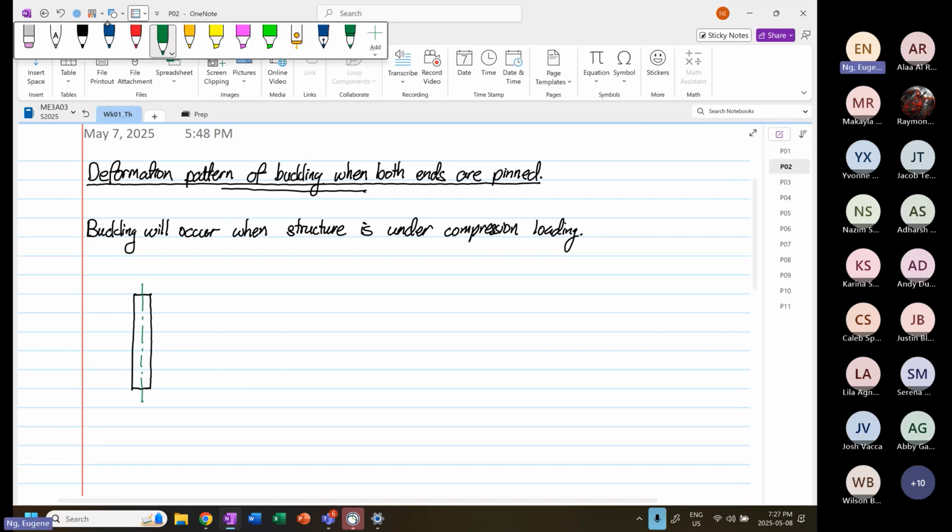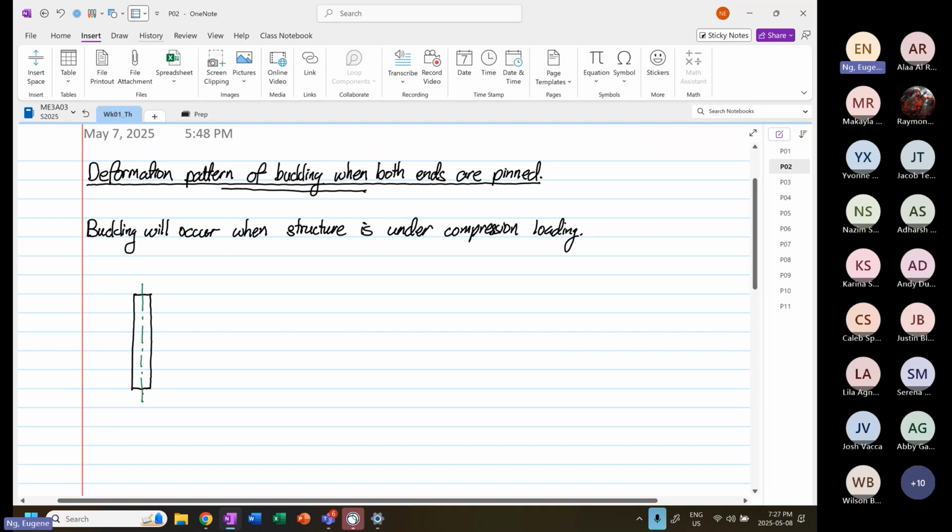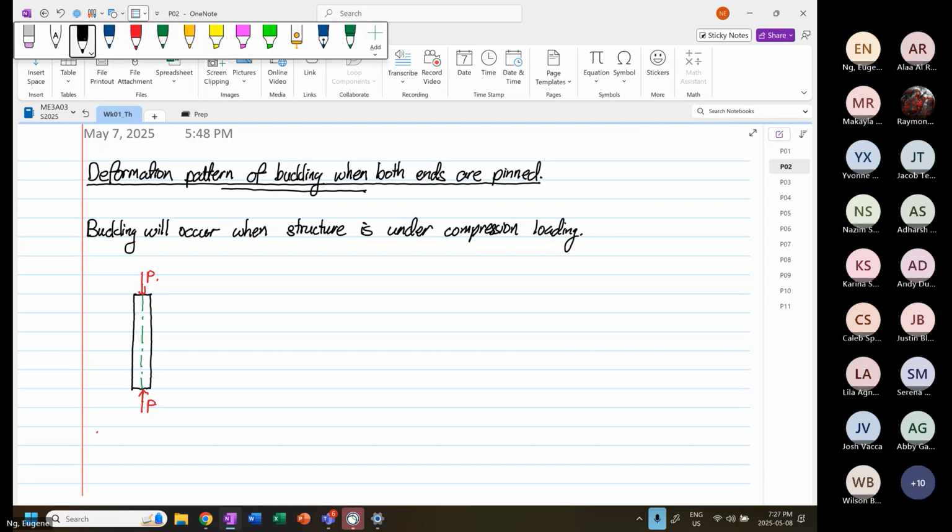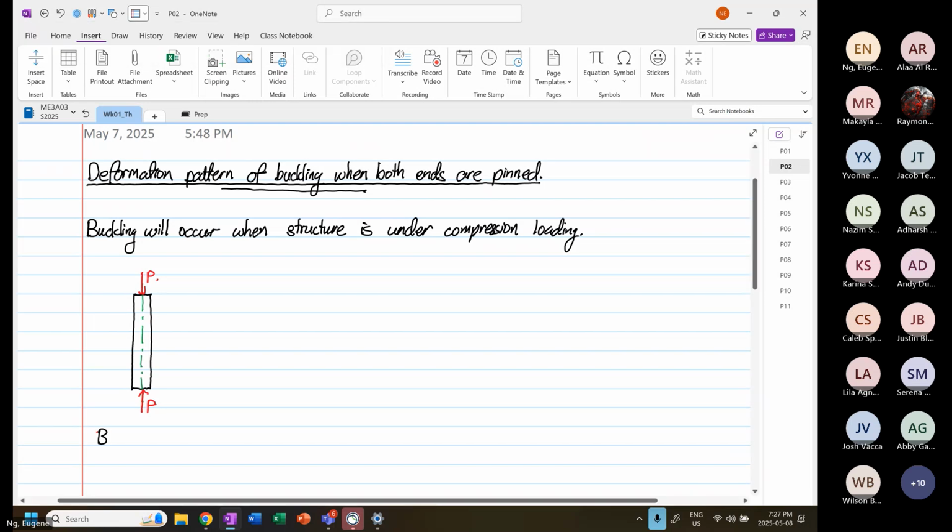When it's under compression, this is where buckling will occur. Buckling will occur when it reaches the critical load.